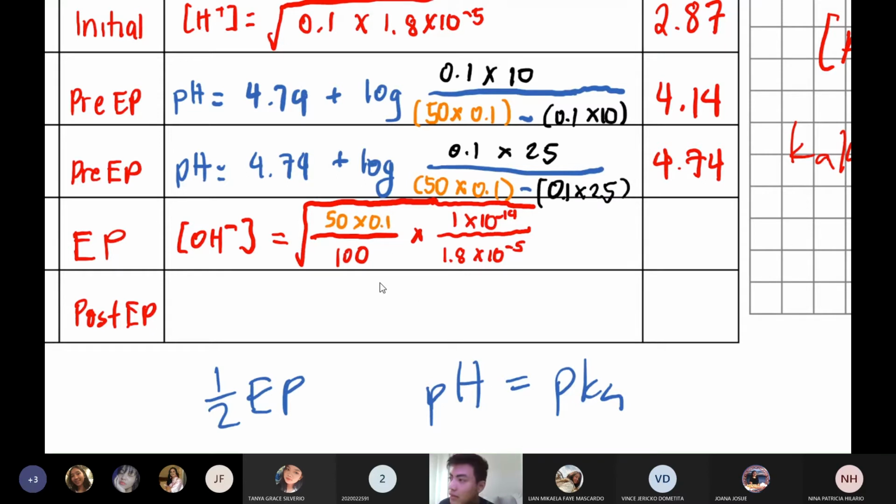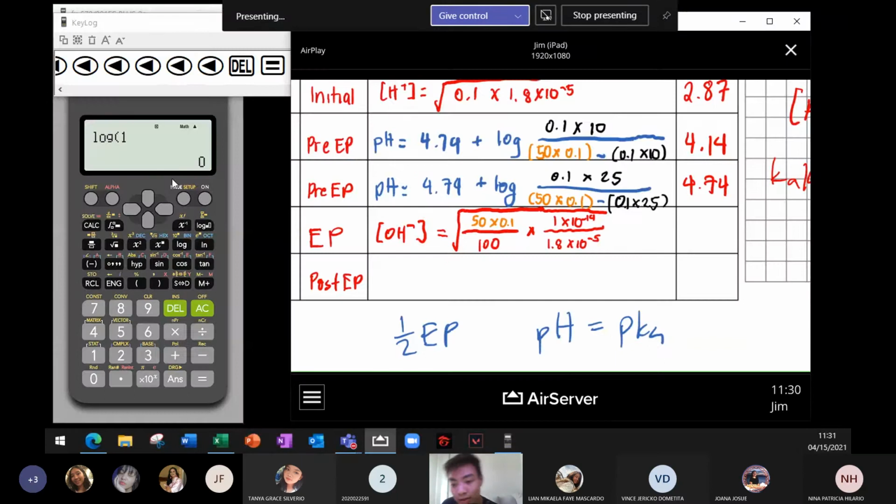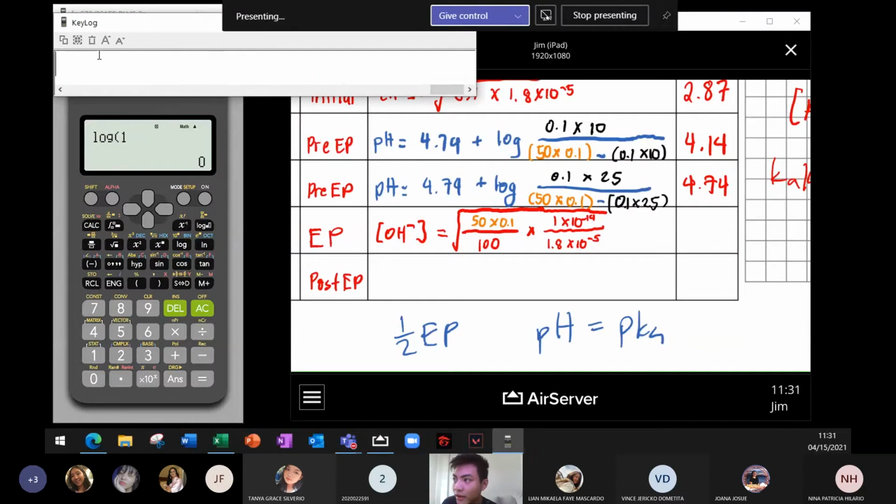So, ganun ha. Pa-plug in ko na siya dito sa Calcu. O recycle ko ulit. Plug in tayo sa Calcu. Ganito yung mabilisang ginagawa ko pag nagsosolve ako. Share ko sa inyo. Kunwari, I want to get the pH, di ba?